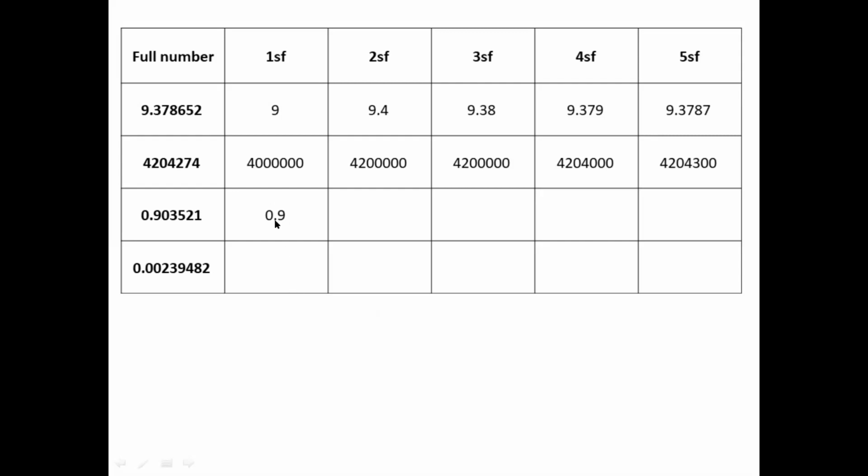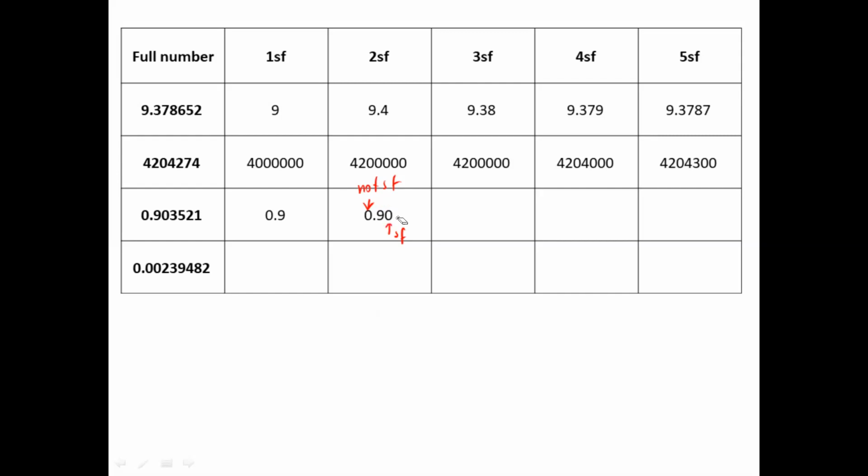So like in here, 0.9, that's your first significant figure because 0 is not a significant figure in here. So 2 significant figures. Now you can see in this case that this one is not a significant figure. This one is a significant figure, right? So 1, 2 significant figures. Why is that?